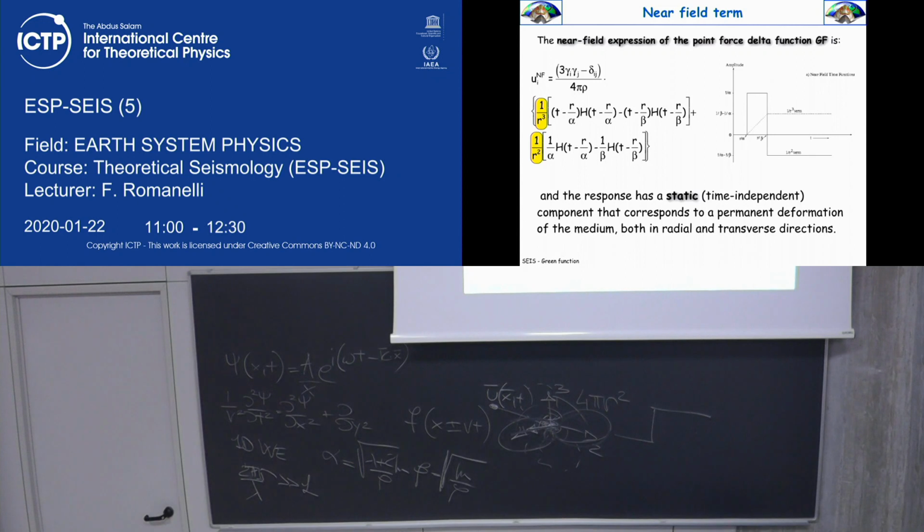Because yes, we invoked the Green's function, but at the end of the story of the representation theorem, we discovered that the representative force for an earthquake, for a shear dislocation on a fault treated as a point, is not a force. It's a couple and another one. It's a double couple.